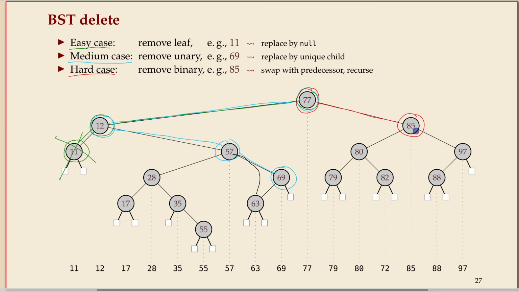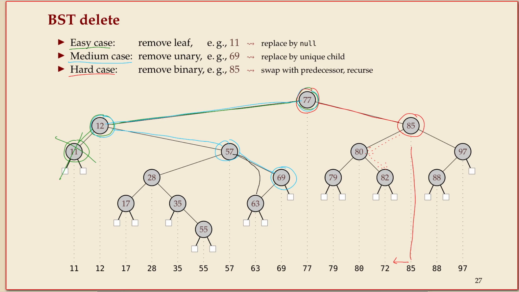So the standard way to solve this is to find the predecessor in the tree of this key, which means you want to find the first one that's to the left. And you can do this by once going left and then go right as long as needed until you find a null pointer. That must bring you to the predecessor key.